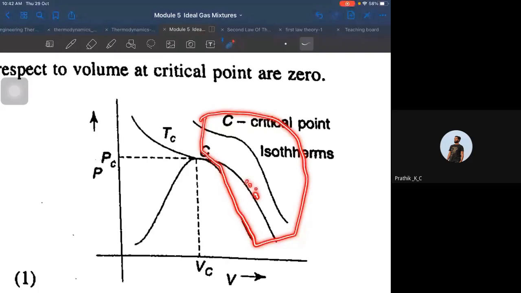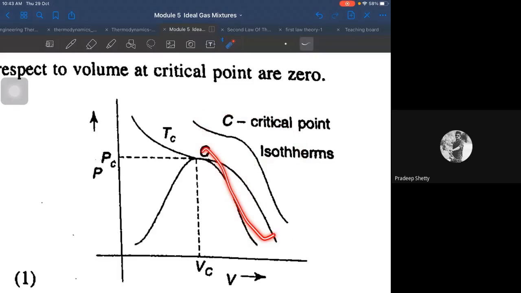Vapor, very good. And in this region, what exists?